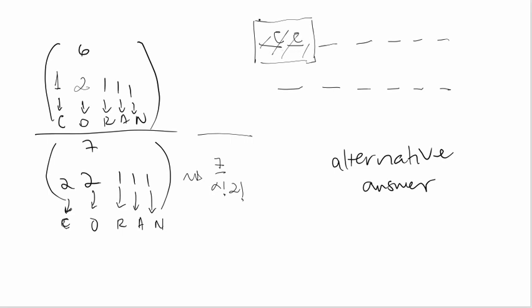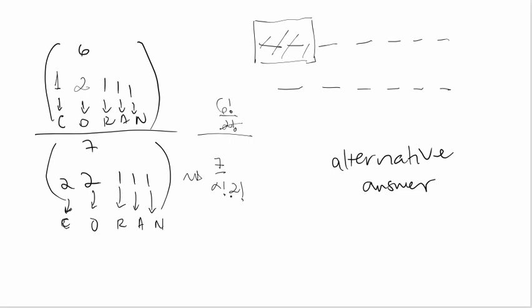You don't need to permute them. So you're going to take one slot and call it group C. You're going to take the other 2 slots and call it group O, and one for R, one for A, one for N. So this will be exactly the 6 factorial over 2 factorial that we had before, right?